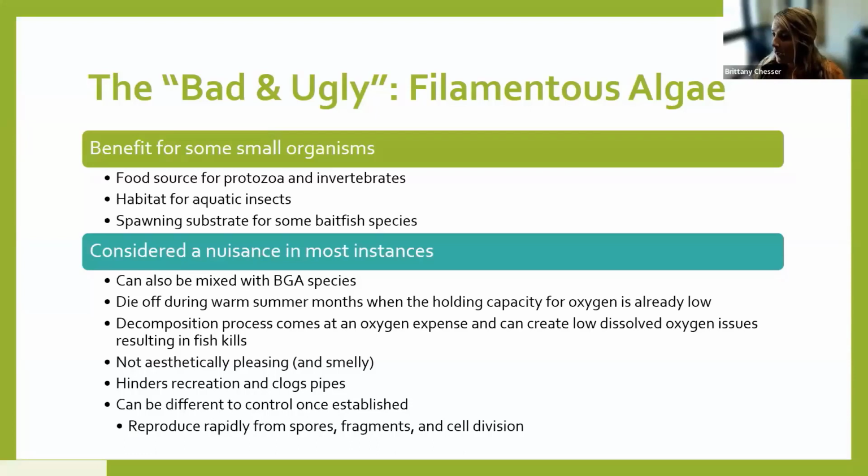It can also clog pipes, which can be detrimental for those that are using their water for irrigation. I know this is more of a wetland setting, but I thought I would give you all of the rundown. Also, once it has established, it's pretty difficult to control just because it reproduces so easily from multiple methods. These can be spores, fragments, and also cell division.